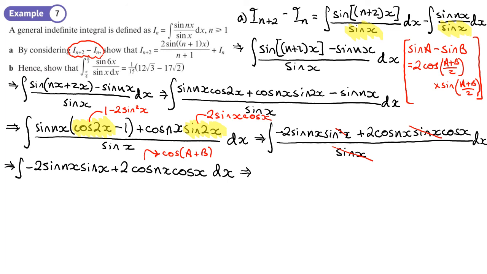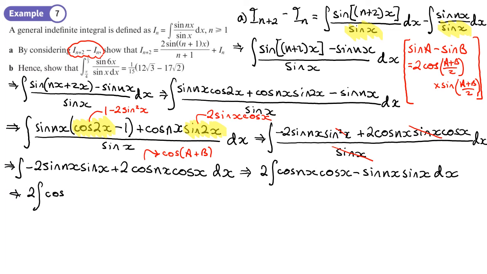So I'll have 2 over here, and this can be written as cos nx cos x minus sine nx sine x. And this is the same as cos of (nx plus x).